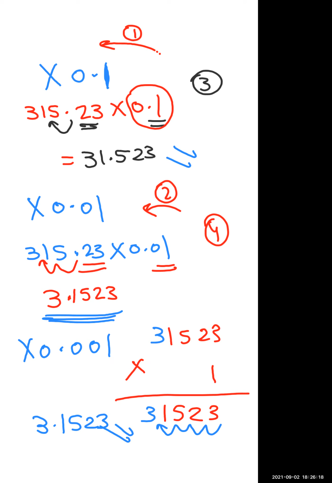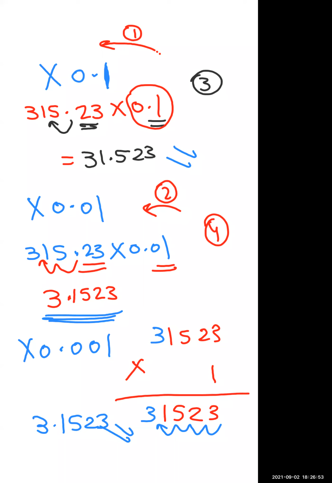This one is a specific rule. If you multiply the number by 0.1 or 0.01 or 0.001, but if it's 0.7 or 0.8 or 0.07 or 0.009, in this case, solve it using normal multiplication, which we explained before. Okay?